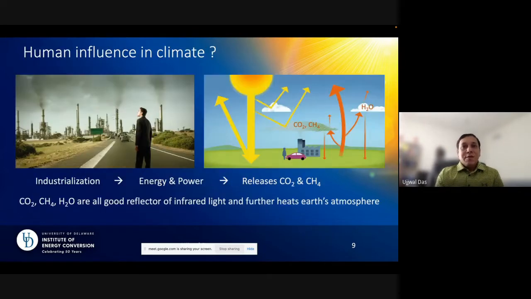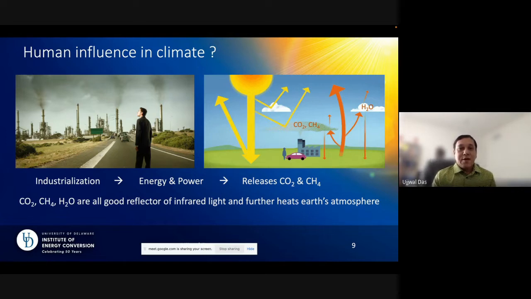So what do we mean by human influence on climate? These two cartoons here show a rough idea of how we change the climate. As we industrialize our nation and society, we need more and more energy and power.